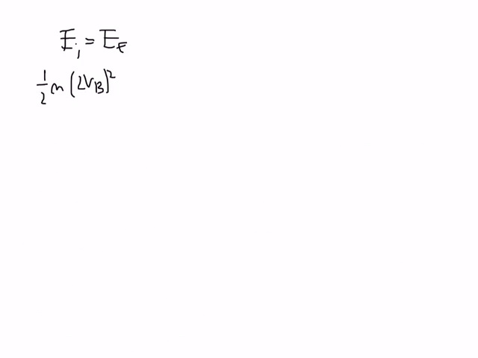And I'm going to do this the formal way. This is 1/2 m VS squared, which is 1/2 m 2VB squared. But we also know what VB is in terms of the original height, which is an important substitution.